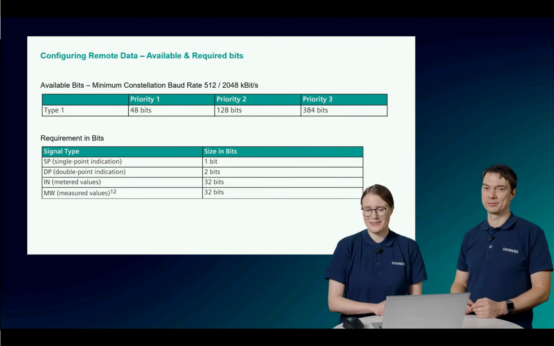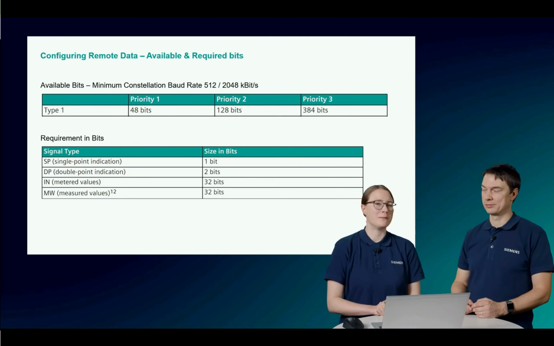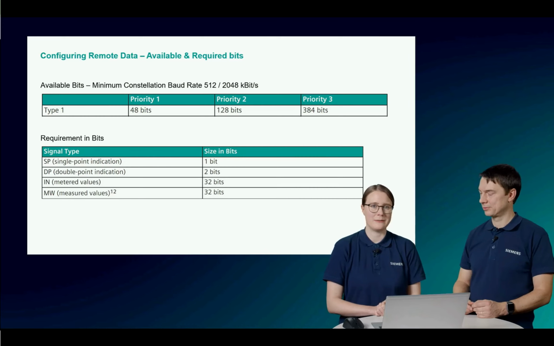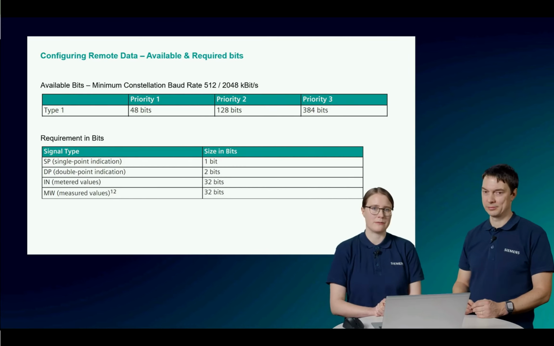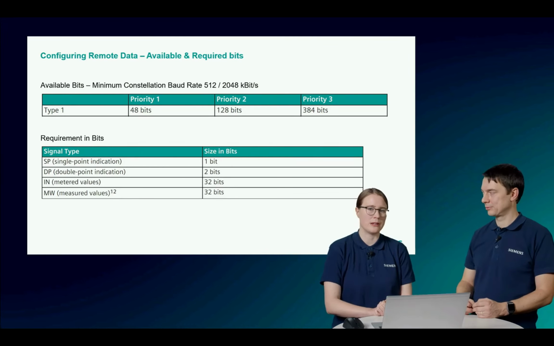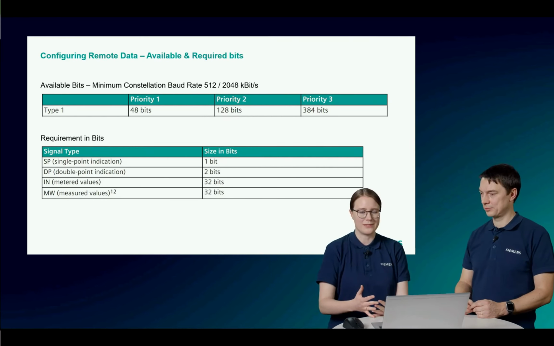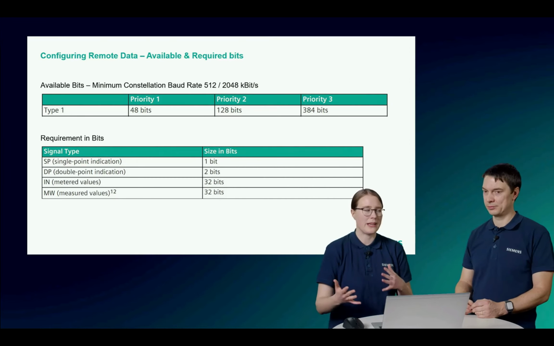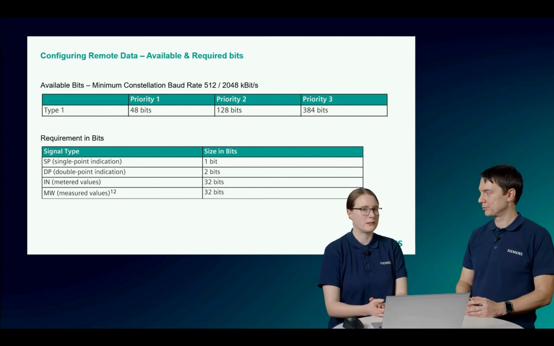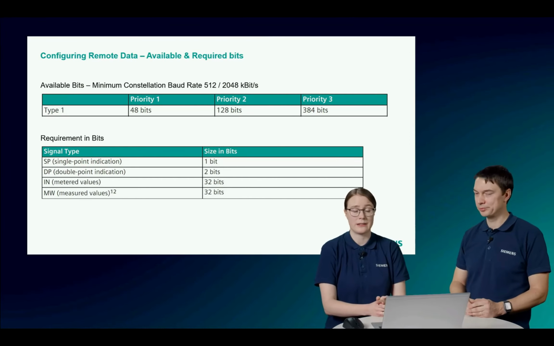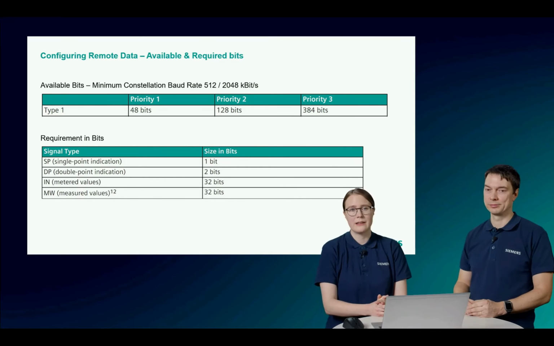This first table on the slide shows the available bits for the minimum baud rate of 512 to 248 kilobits, because the available bits that are exchanged in my data bar depend on the baud rate, the bandwidth that I set. Exactly.